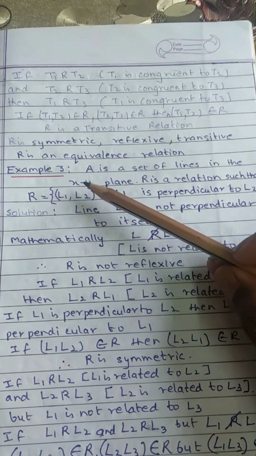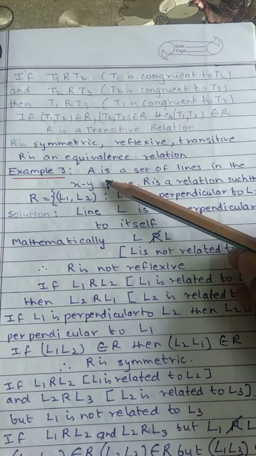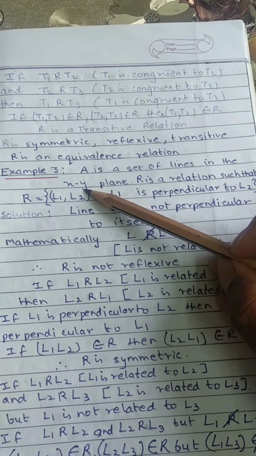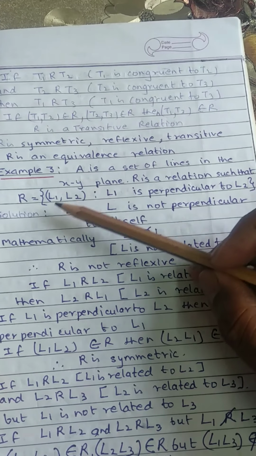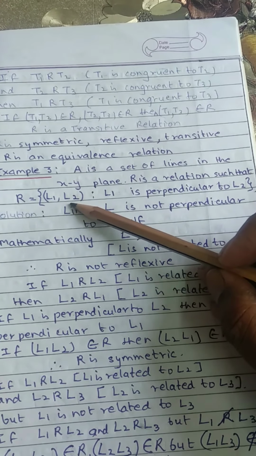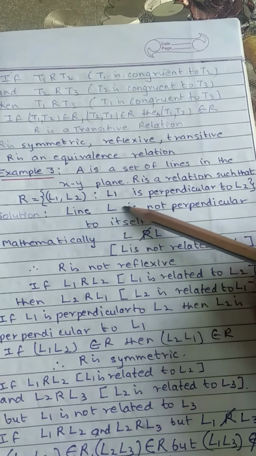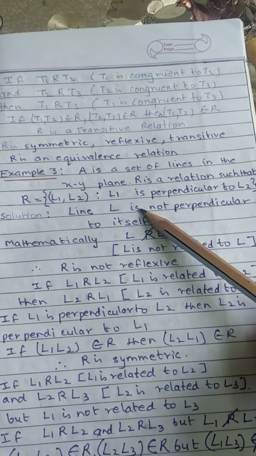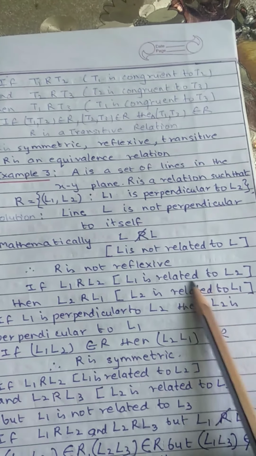Let us see example 3. A is a set of lines in the xy plane. R is a relation such that R is equal to {(L1, L2): L1 is perpendicular to L2}. Now we have to check whether R is an equivalence relation or not.